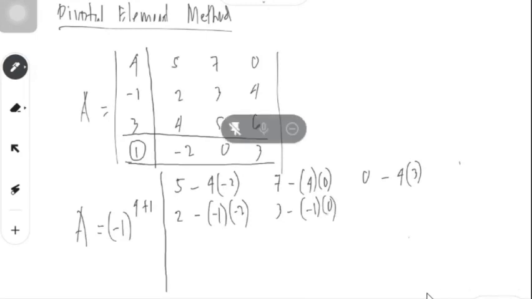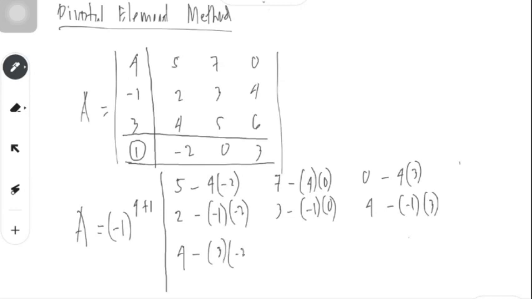Next, what is the next element? 4. 4 minus, ano? Negative 1 times 3. I hope everybody can follow. No? Negative 1 times 3. For the last, we have here 4 minus what? 3 times negative 2.